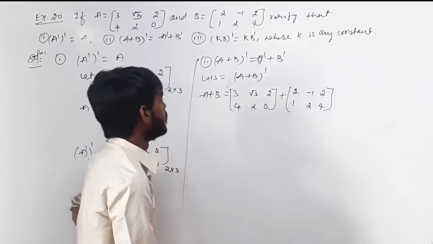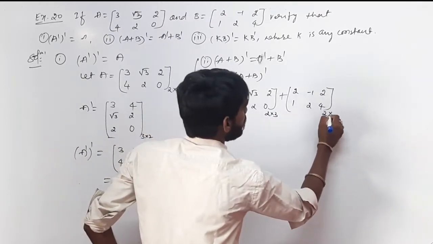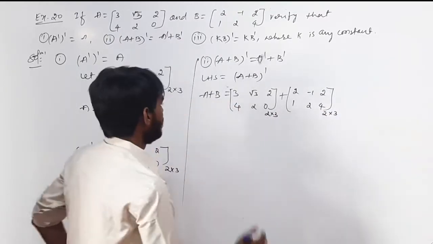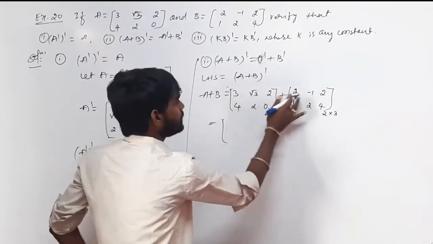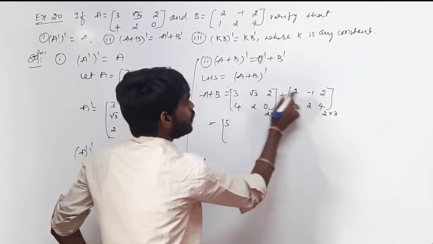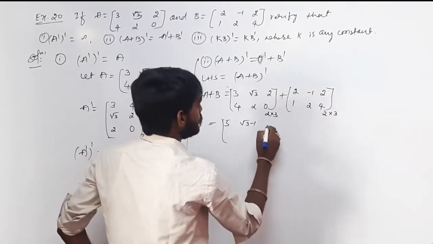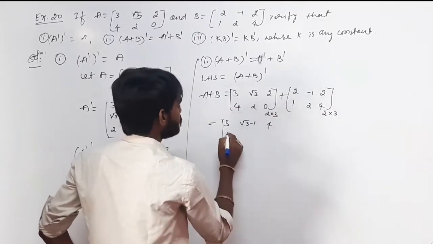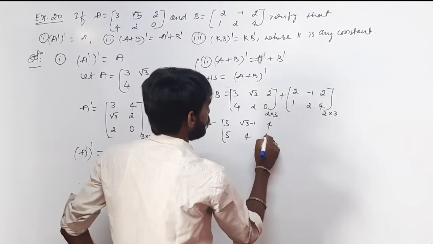Now the A matrix order is 2 cross 3, and the B matrix order is 2 cross 3. Then we can add these two matrices with the corresponding elements. 3 plus 2 is 5, root 3 minus 1 as it is, 2 plus 2 is 4, 4 plus 1 is 5, 2 plus 2 is 4, 0 plus 4 is 4.